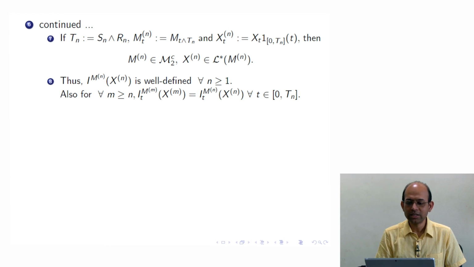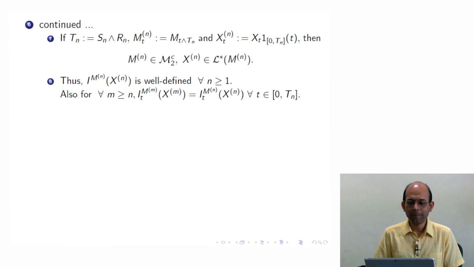Therefore when small t is between 0 and capital Tn, these two processes have identical values. On the other hand, if you look at Mn and Mm, they would also have identical values for every t between 0 and Tn. So we are going to get both the integrals exactly the same for every t between 0 and Tn. This is a very useful observation.